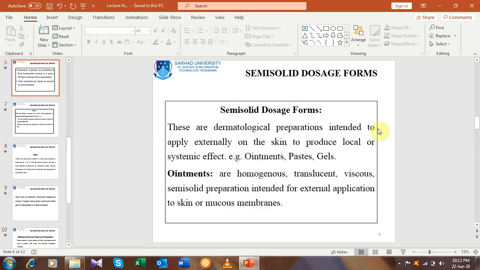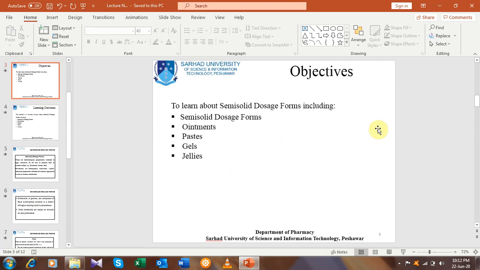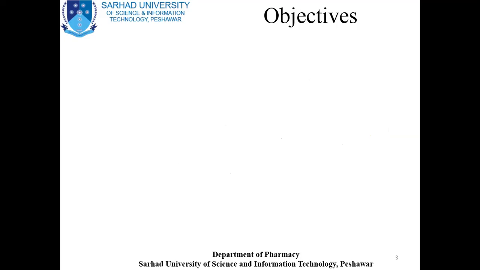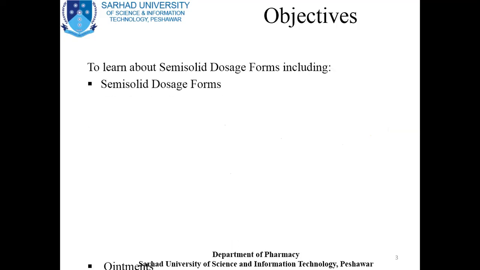Let's come to the overview of today's lecture. Today we have defined the semi-solid dosage form, and after that we have defined several other dosage forms, semi-solid in nature, including ointment, paste, gels, and jellies.